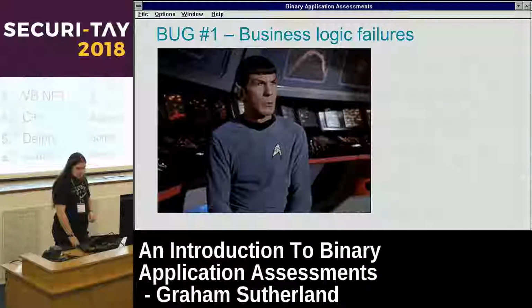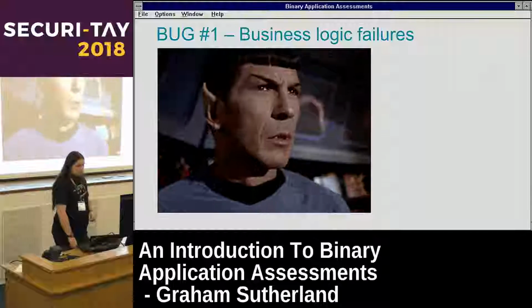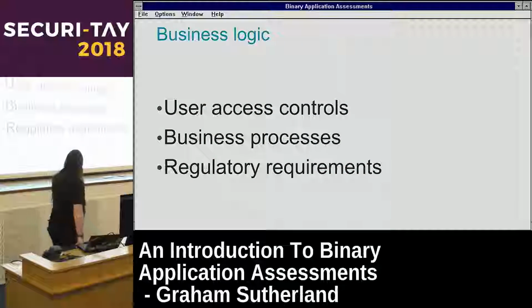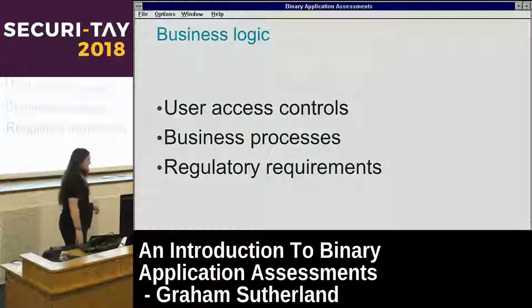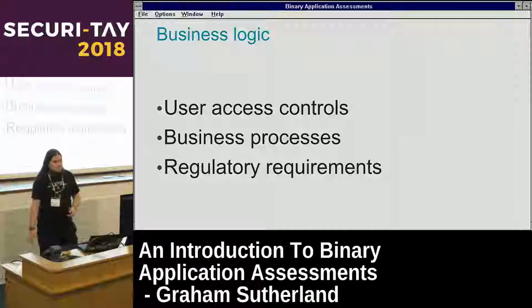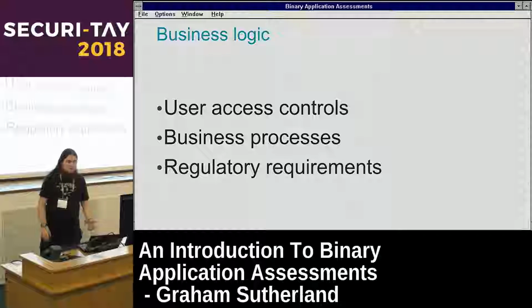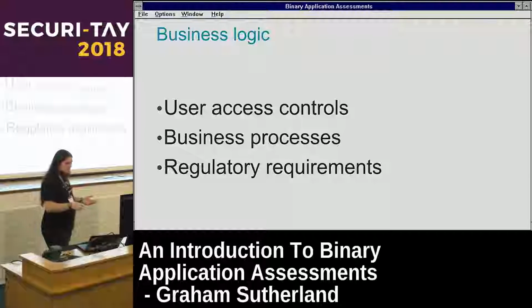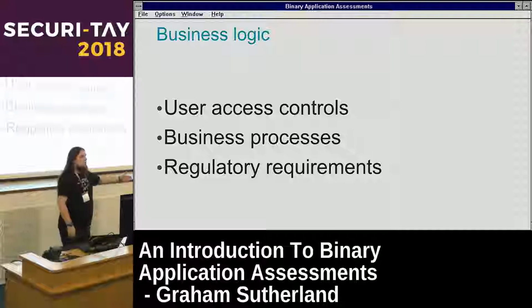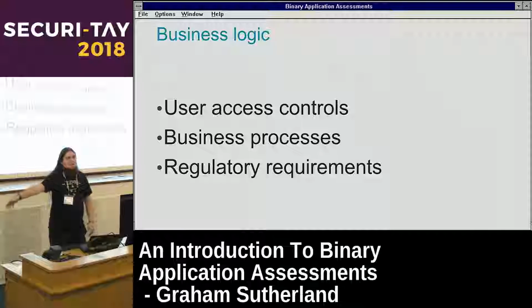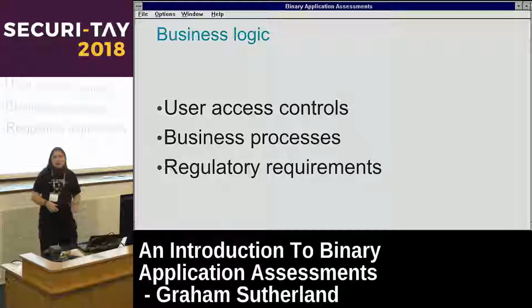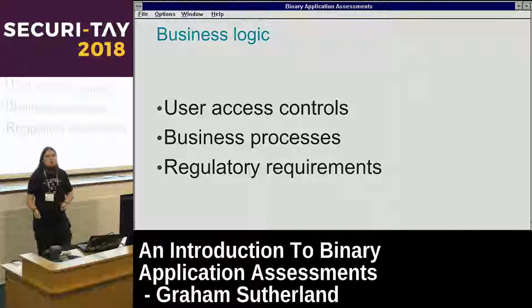So, now that I've given you an overview, business logic failures. User access controls, business processes, and regulatory requirements are the high-level things that fit under this. So, for example, should this user be able to access this? Let's say you've got an application that handles financial transactions for a bank.